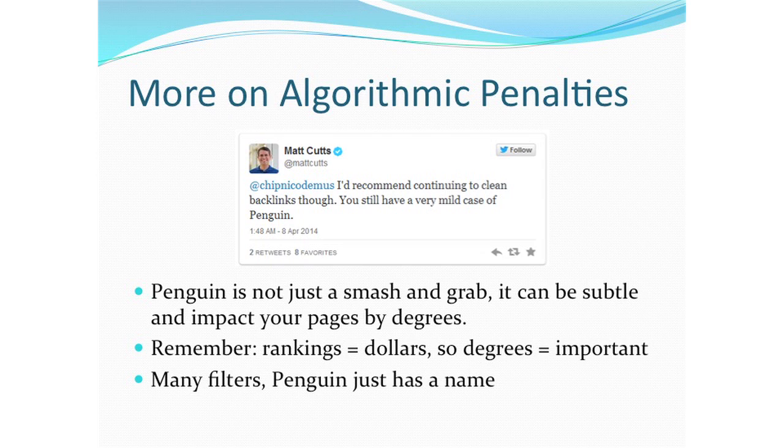So what that means is that it can actually, over time, become more severe with more dubious links, and maybe just one or two bad links are suppressing your results maybe 5 or 6 places. Well, that becomes kind of a big deal when you consider, again, that rankings mean dollars. So degrees are important, right? We want to make sure that we're doing everything we can to eliminate all of the negative filters on our sites.